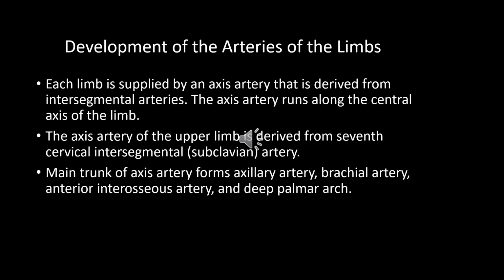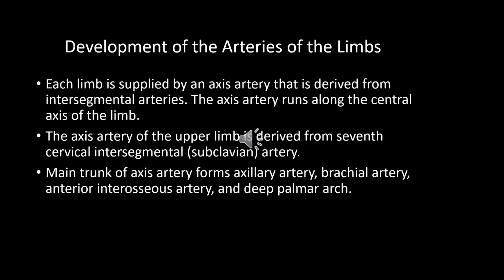Coming to the upper limb, as you know, it is the subclavian artery. After supplying the root of the neck and giving off very important branches like the internal thoracic or internal mammary artery, which is of considerable significance in females, and also another important artery called the vertebral artery to supply the brain along with the internal carotid, it continues into the upper limb through the axilla, where it will change its name to axillary artery.